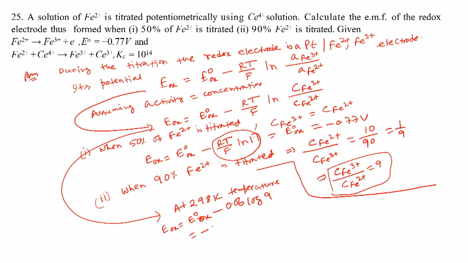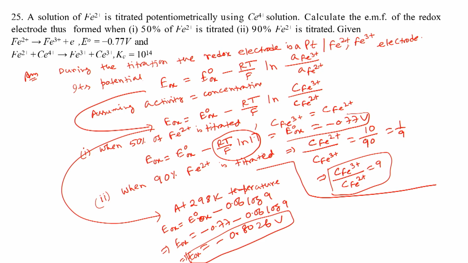So, we get minus 0.77 minus 0.06 log 9. So, we get minus 0.8026 volt. So, this is the value of EMF when 90% is titrated, and this is the value of EMF when 50% Fe2+ is titrated.